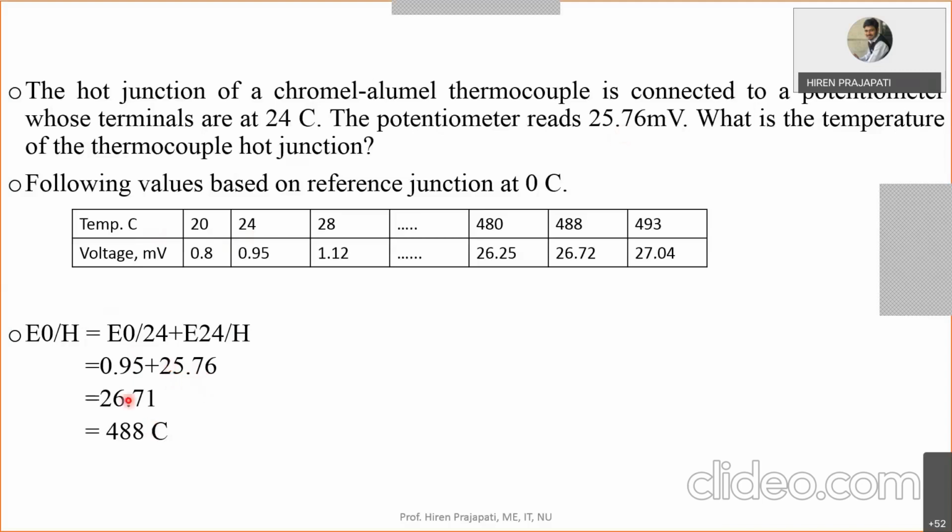If you total 25.76 and 0.95 you get 26.71. Now go to this chart. 26.71 is very close to 26.72. So, looking at this, we can say the temperature of the hot junction is 488 degrees Celsius. That is how we get the actual temperature of the hot junction. Is it clear?